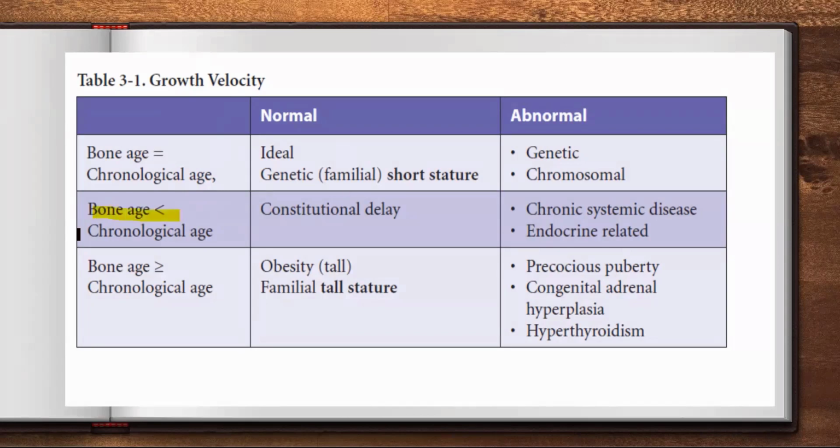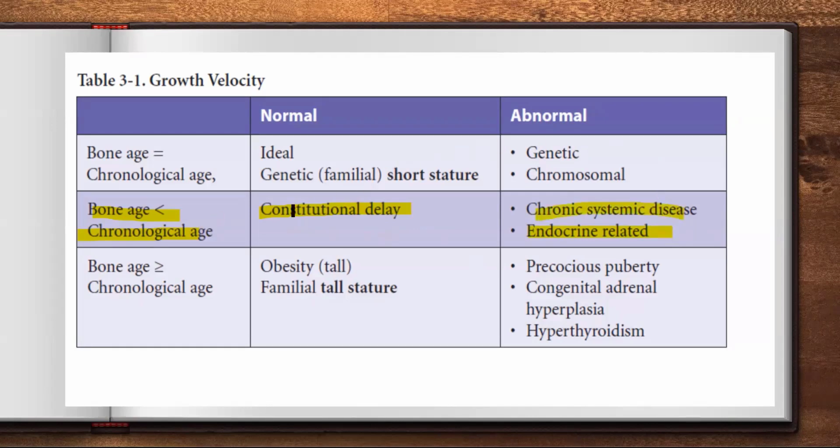If bone age is less than chronological age and they have normal physical examination and normal other findings, that should be constitutional delay. In case of any abnormal physical examination, then we can think about other endocrine related causes like growth hormone deficiency, or chronic systemic disease, etc.